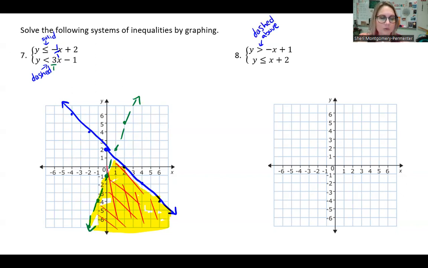Okay, what about the second equation? Solid. Do I shade above or below? Below. The way we read these graphs is like this from the Y. So if the Y goes into the alligator mouth, it's greater and you shade above. If you go into the point, it's less than, so you shade below.